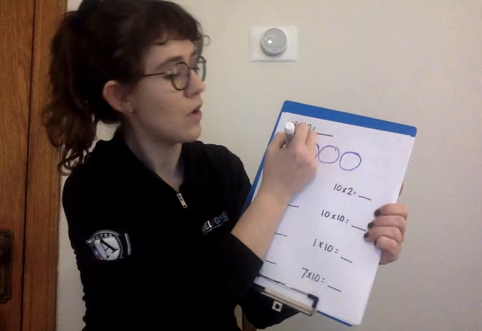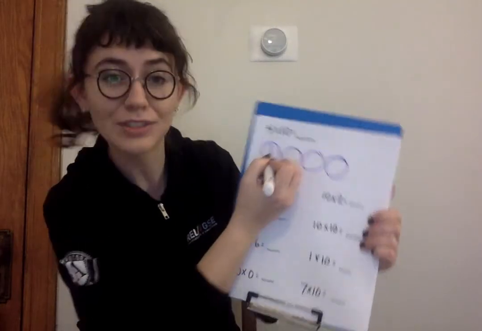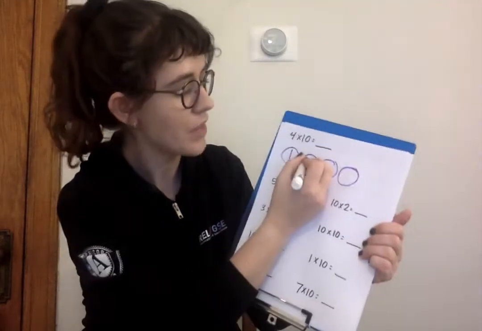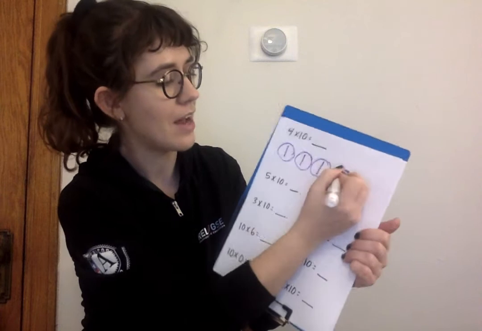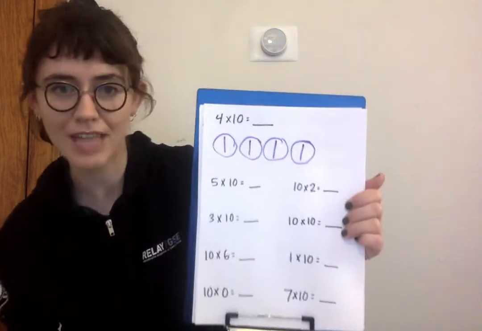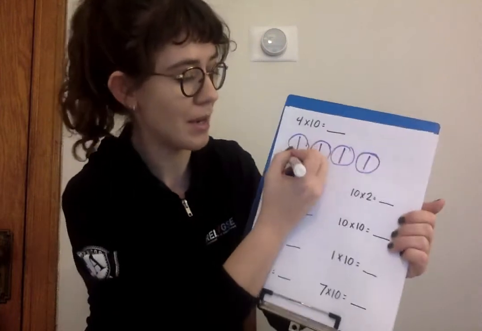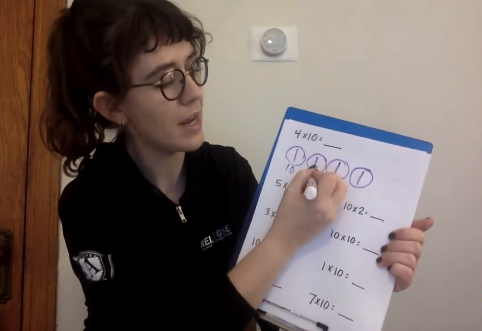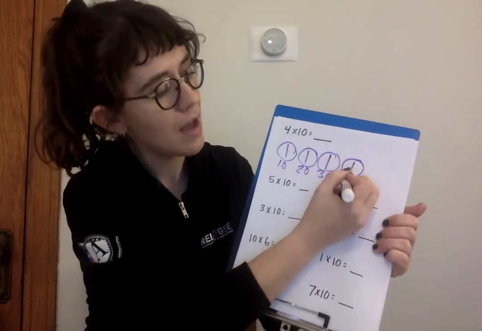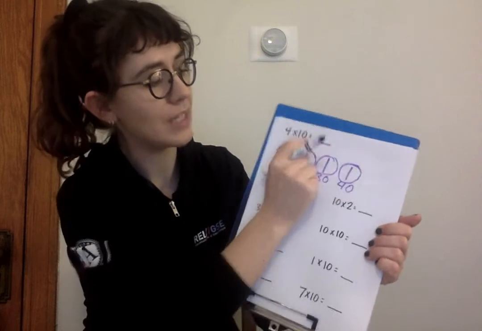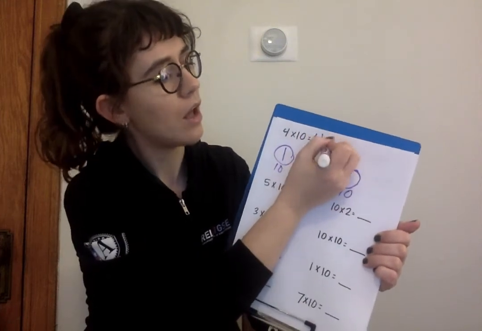So here's one group of 10. We could imagine those 10 little dots on that line. Another group of 10, another group of 10, another group of 10. All right? So I'm going to skip count by 10s now underneath. 10, 20, 30, 40. So 4 times 10 is 40.